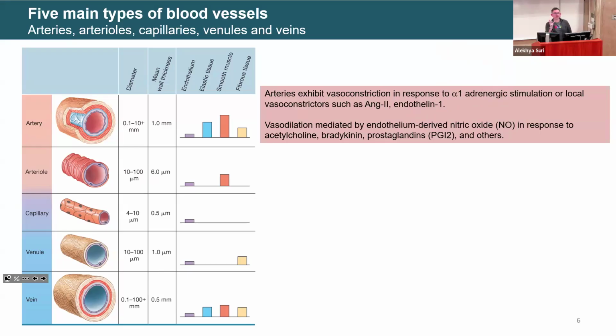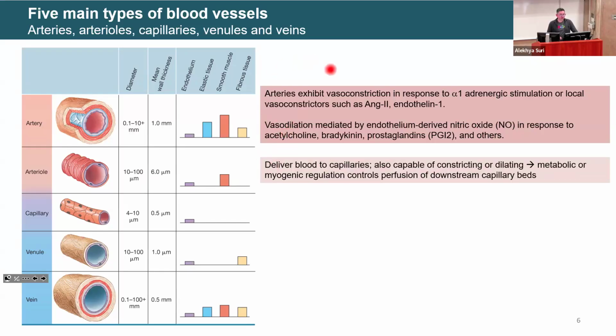Smooth muscle contraction in these arteries. And the same thing is true for arterioles, by the way. Arteries and arterioles can also exhibit a degree of vasodilation. So in other words, relaxation of that smooth muscle that's mediated by a mediator. It's mediated by this molecule that we're going to talk about later called nitric oxide.